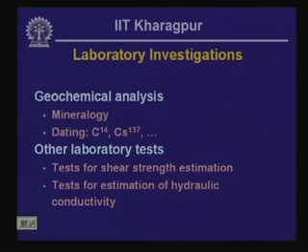These include tests for shear strength estimation or for the estimation of hydraulic conductivity of a particular deposit, but these things typically are within the realm of engineers, geotechnical or geological engineers, and not very commonly used in geologic mapping. So, geologic mapping essentially will include identifying the mineralogy of a geologic unit and dating to understand the age of a particular unit.